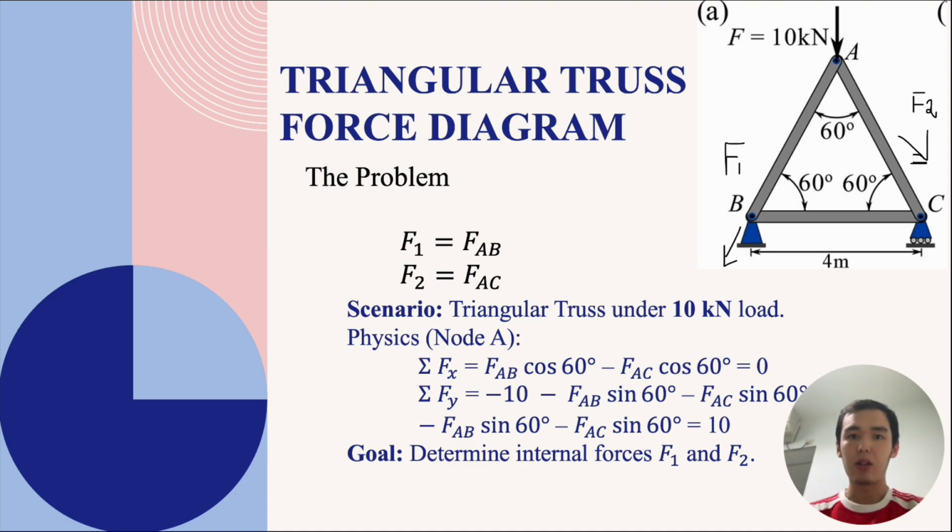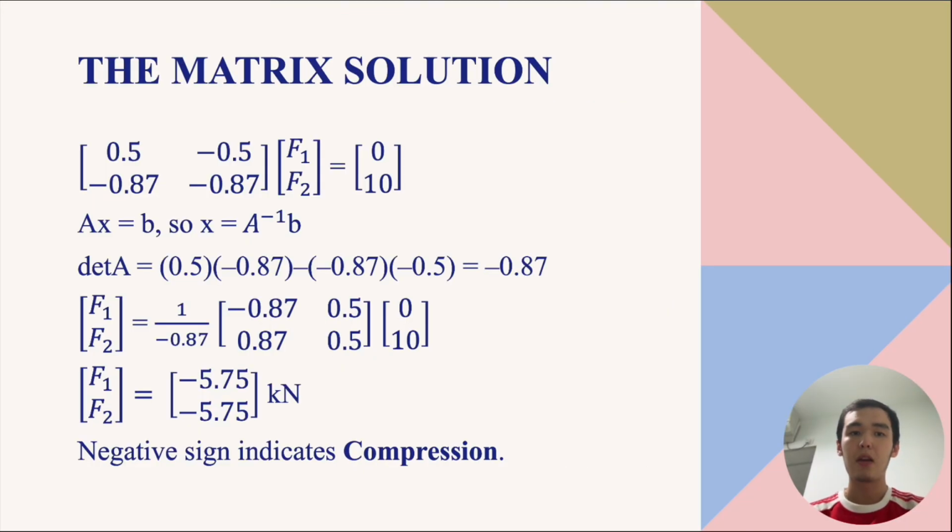Instead of solving this algebraically, which is slow, we translate it into a matrix. We encapsulate the system into the matrix equation Ax = b. Matrix A represents the geometry, the angles.